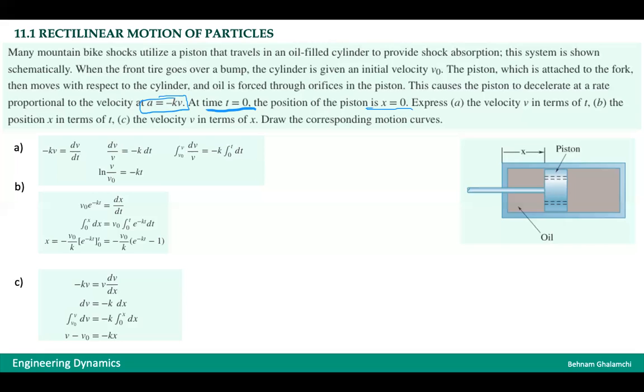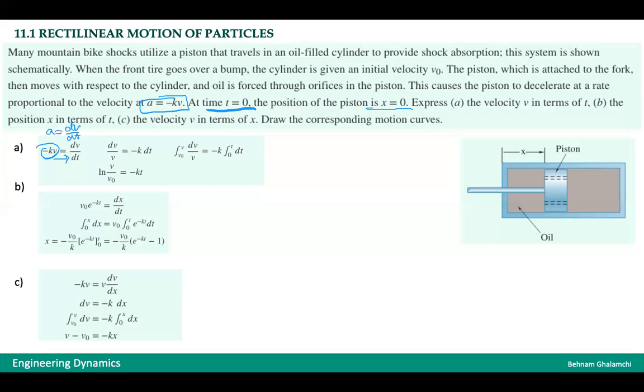Part A, we plan to determine the velocity as a function of time. Okay, we would like to find the velocity as a function of time. We already know a is equal to dv over dt. A is given, dv over dt is there.